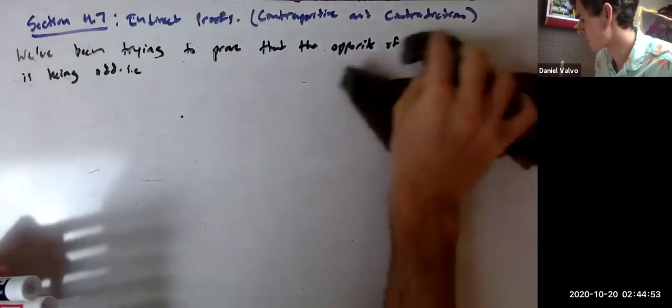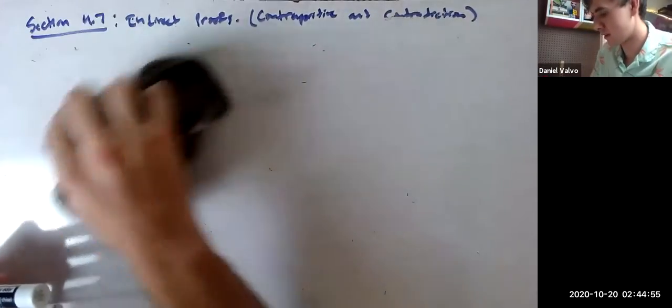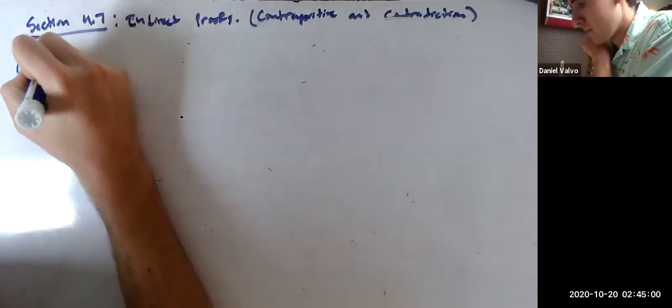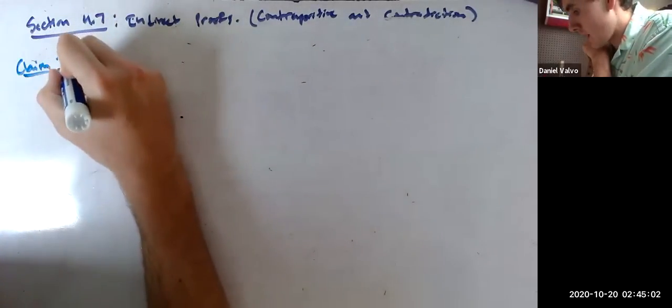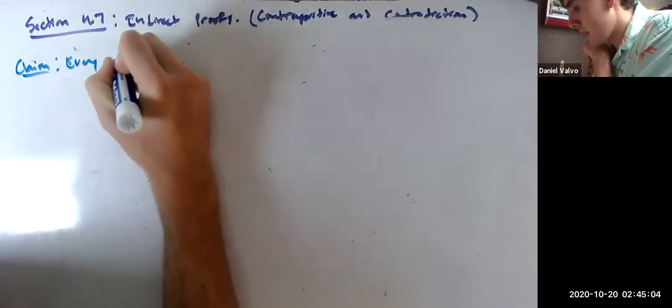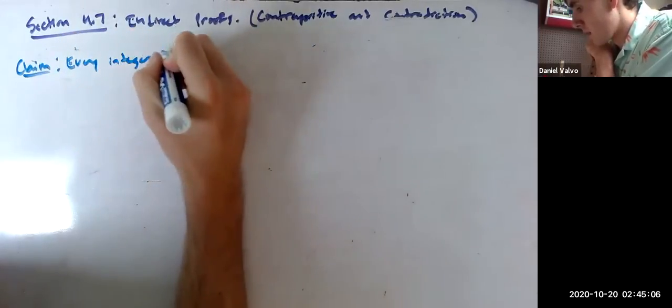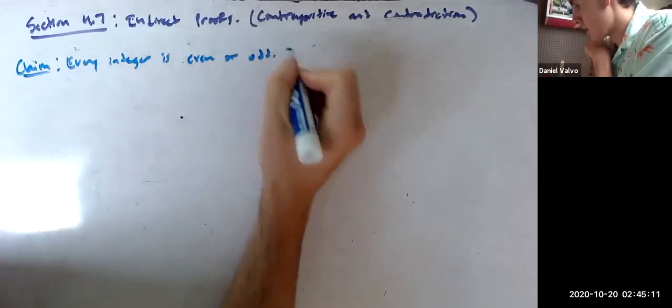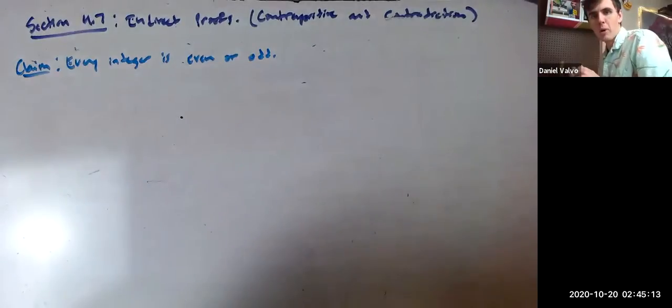So the point is, the claim we're trying to prove is that every integer is even or odd. Gotta be one of them.